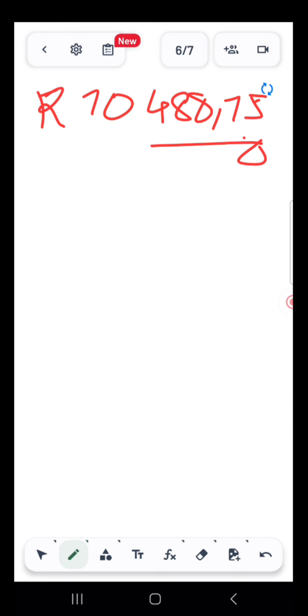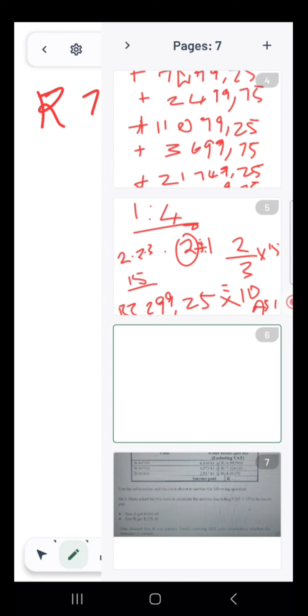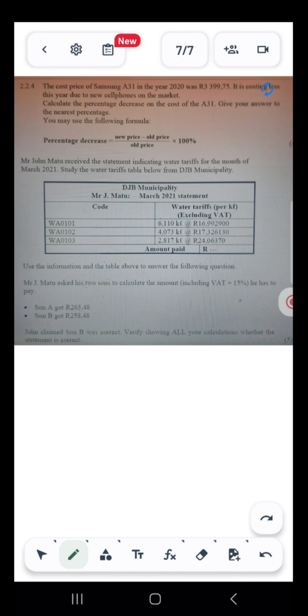Okay. Then we go to question 2.2.4. And then it says the cost price of Samsung A31 in the year 2020.